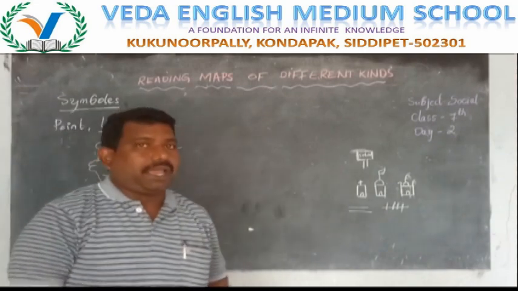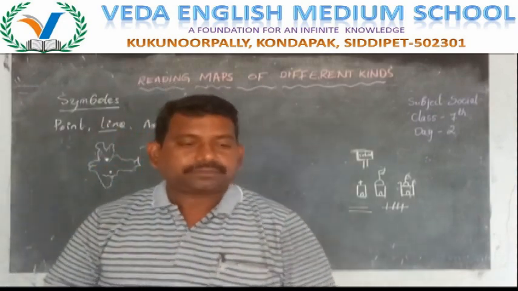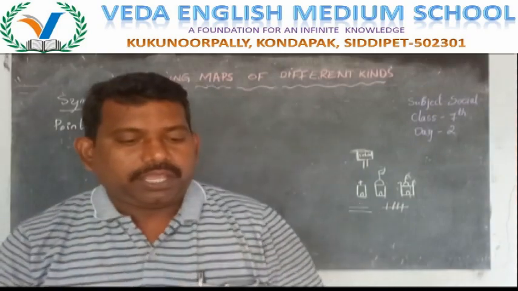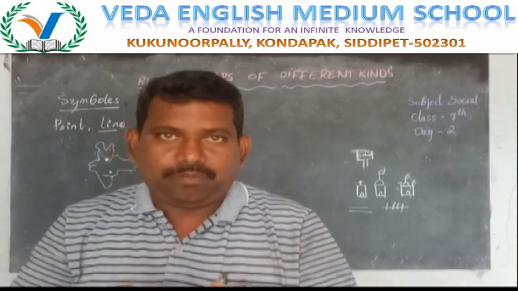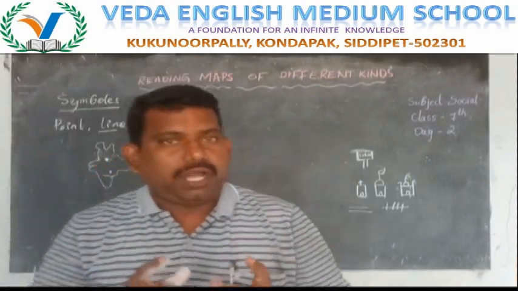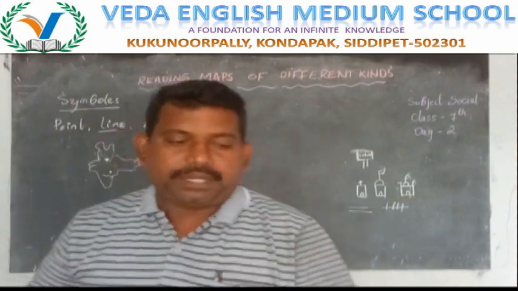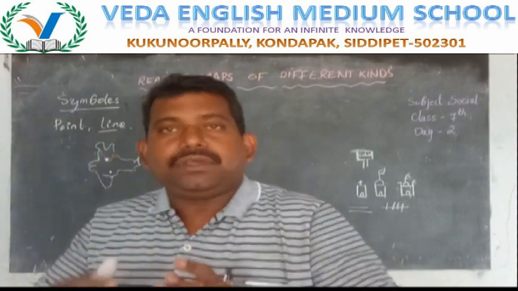Next one, what is that? Area symbol. If we want to show the area of a place, for example, in the Telangana map, if we want to locate Medak or Hyderabad district, how do we locate that?